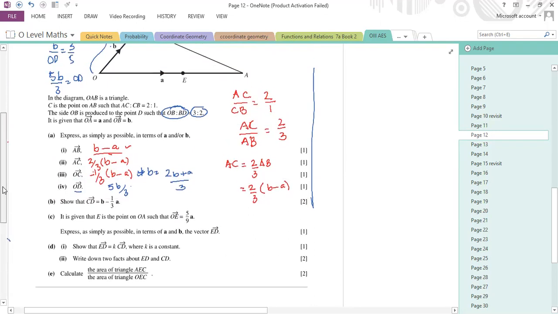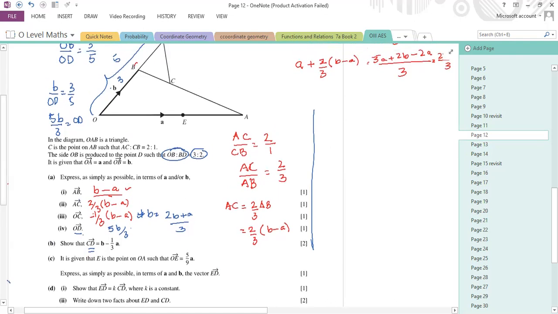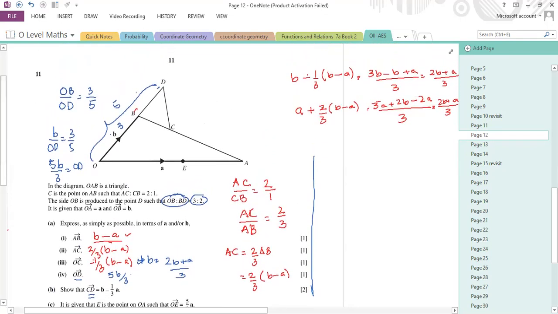Now, what is coming next? Show that CD is B minus 1/3 of A. Okay, B minus 1/3 of A. So, what do we have to show? Where is this? C to D. All right.